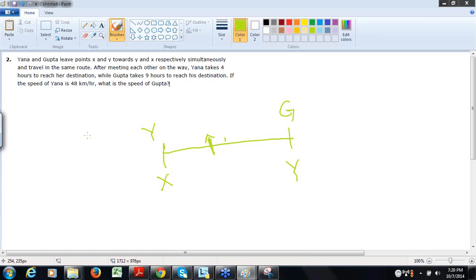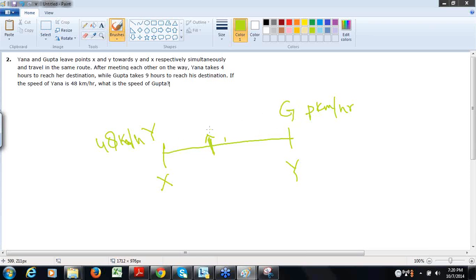Now what else is given? Yana's speed is 48 km per hour and Gupta's is say P km per hour.